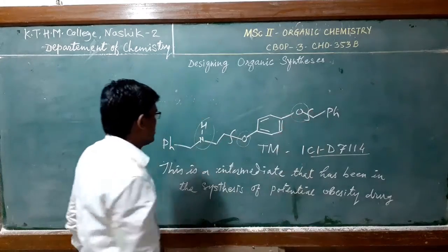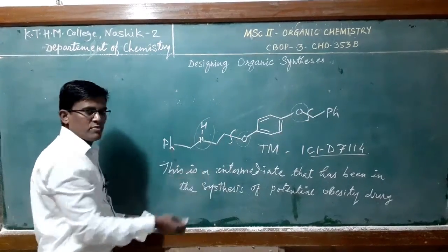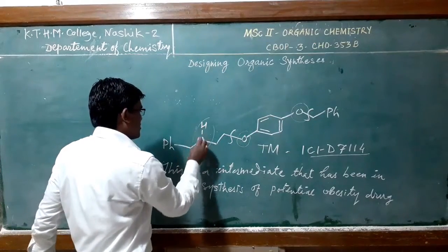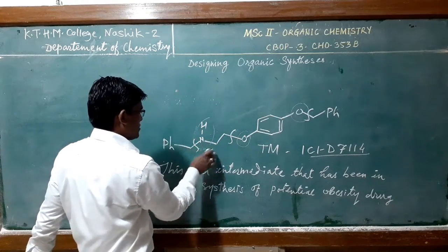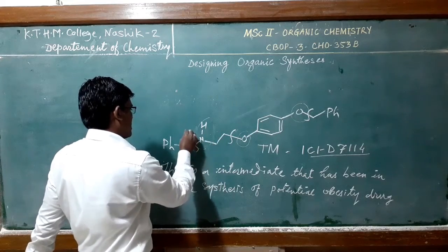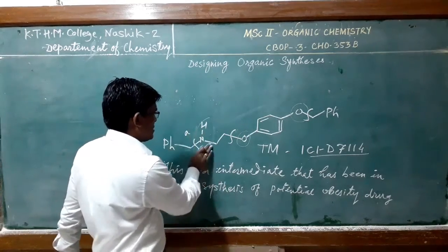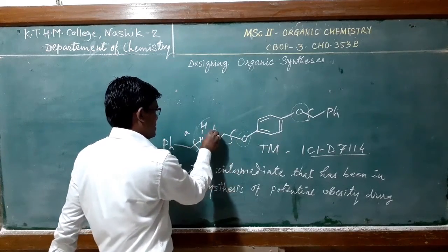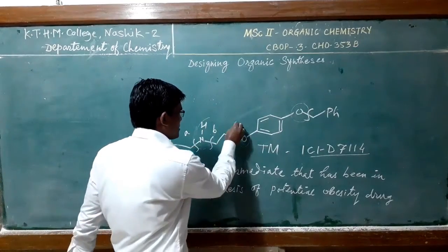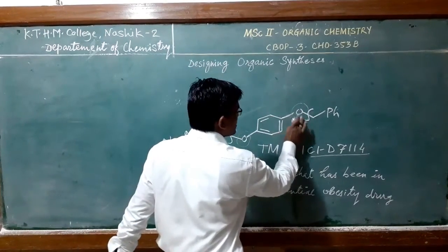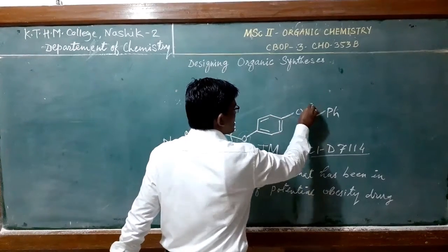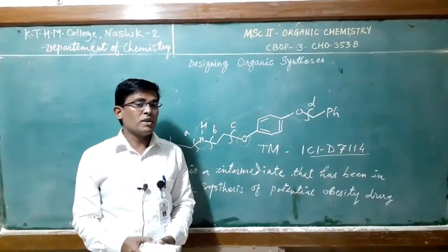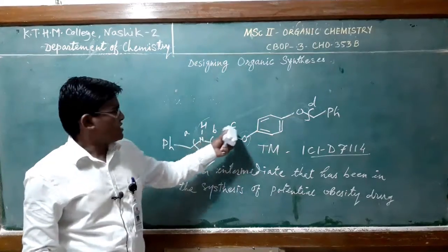This amine we can also make by a substitution reaction. So one disconnection will be here, which we denote as A. The second disconnection will be here, which we write as B. Then this one is C and this one is D. So we have the four possible disconnections A, B, C, D.